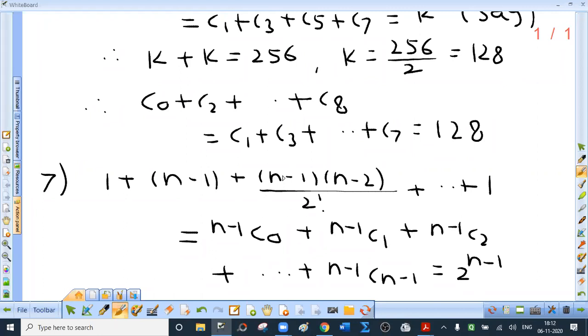Yes. Can I write this as n minus 1 C2? Yes. And last one is n minus 1 C n minus 1. So this has become sum of binomial coefficients of order n minus 1. So the total will be 2 raised to n minus 1. We have to use this in sum number 7.